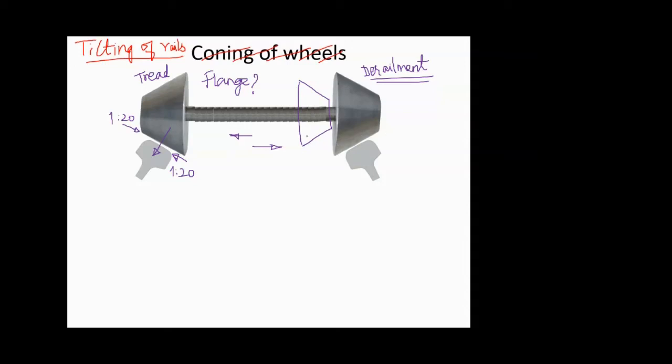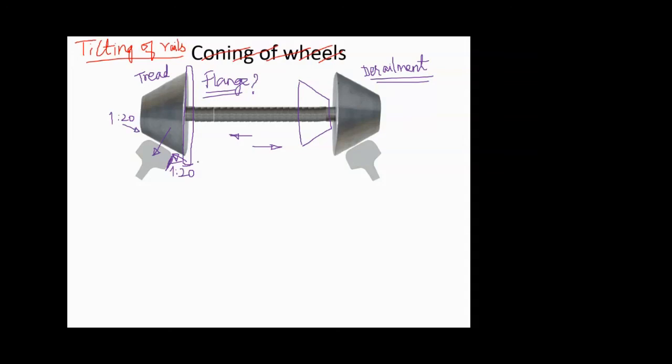So to avoid this derailment, what can be done, or this flange comes into the picture. If I just extend a small part of this metal and make this a flange over here, then even if there is excessive push due to centrifugal force, this flange will hit the surface of the rail, and the moment it hits, it will push back due to the equal and opposite reaction.